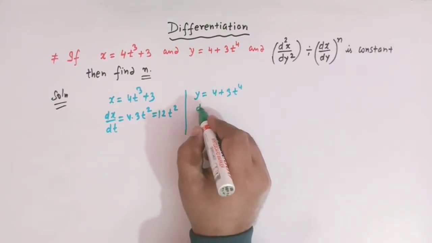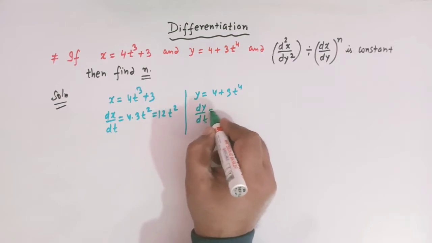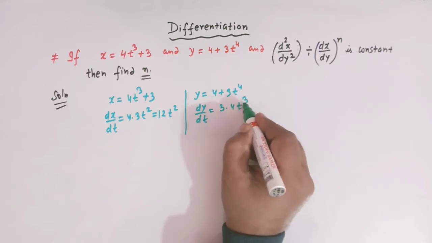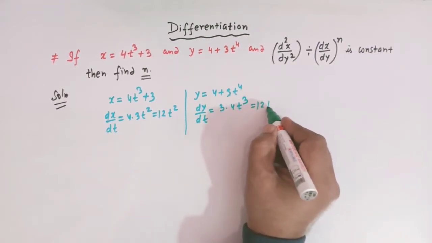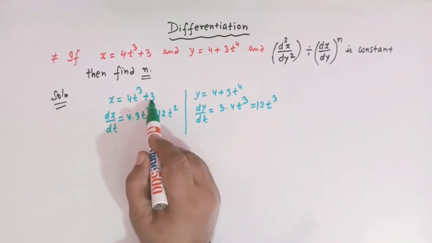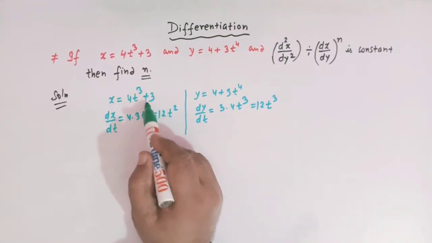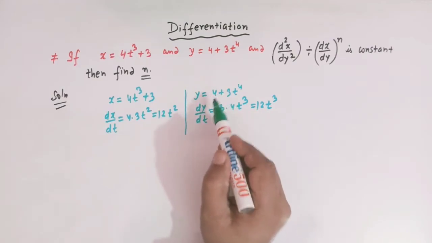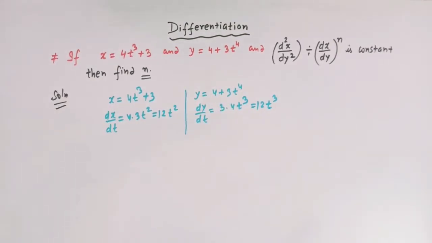We have dy/dt = 3 times 4t³, and this is 12t³. Here the derivative of 3 being a constant is 0, and similarly the derivative of 4 being a constant is 0.